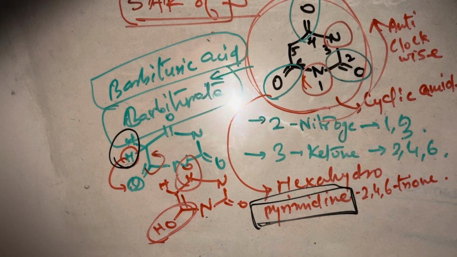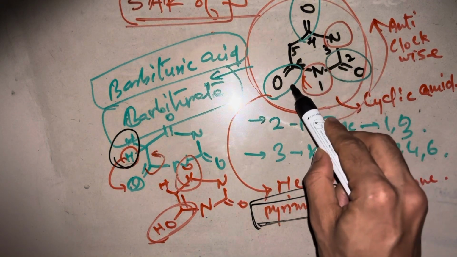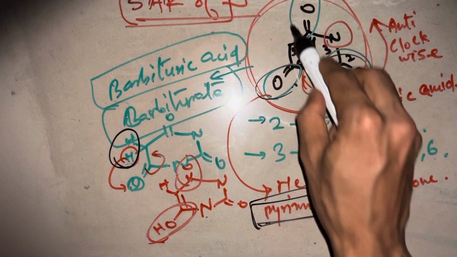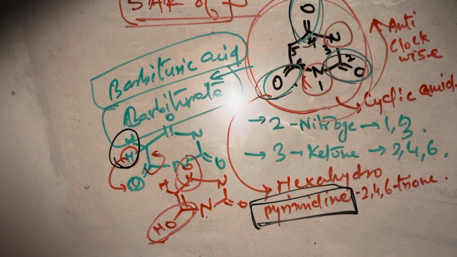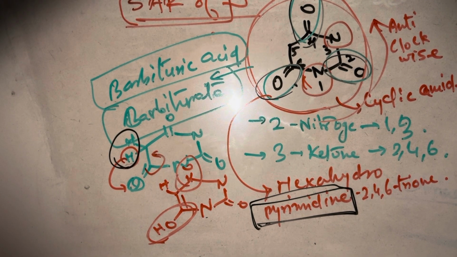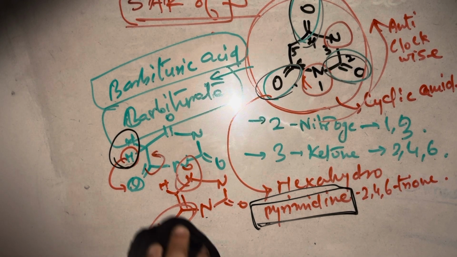The first modification is on the keto groups at C2, C4, and C6. Due to the modification at C2, C4, and C6, that is the ketone groups, the pharmacological activity of barbiturate will reduce.